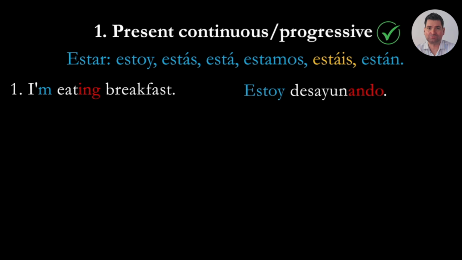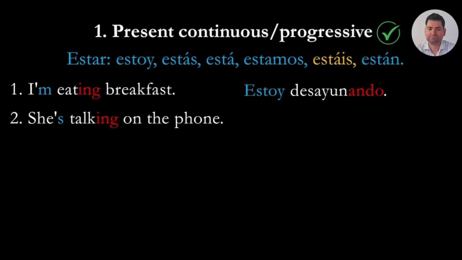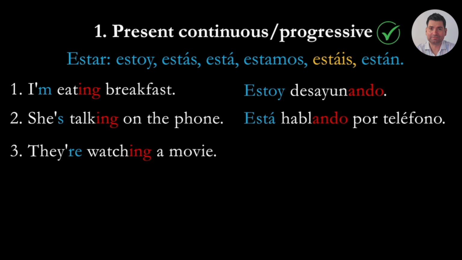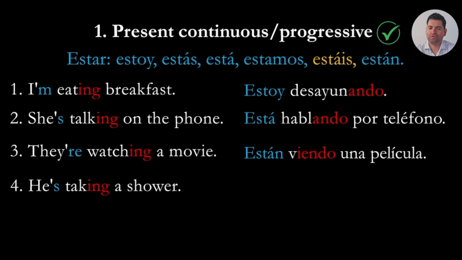The verb is desayunar. Number 2, she's talking on the phone. Está hablando por teléfono. Number 3, they're watching a movie. Están viendo una película. Number 4, he's taking a shower. Se está duchando.